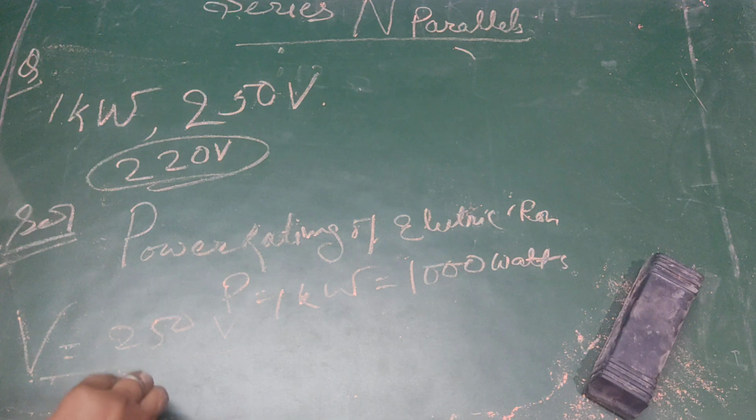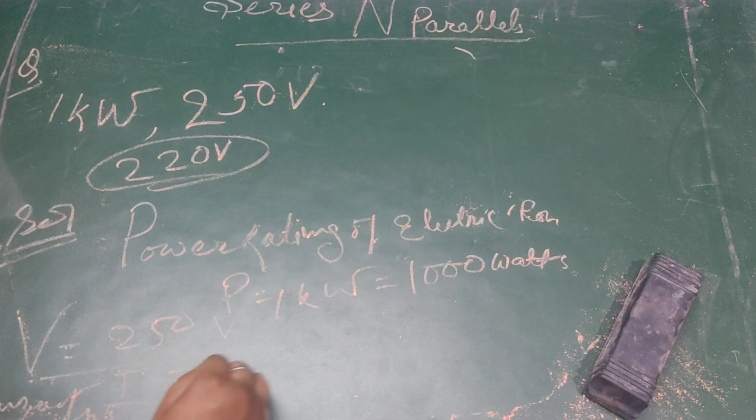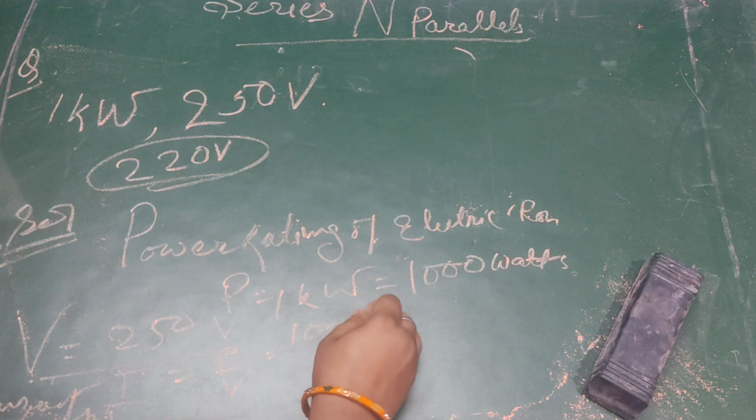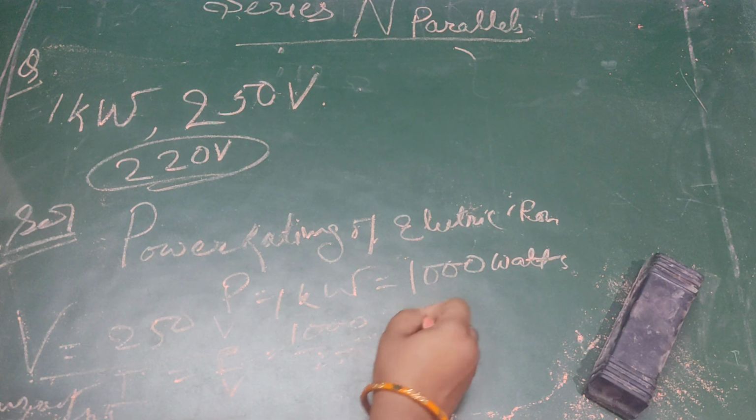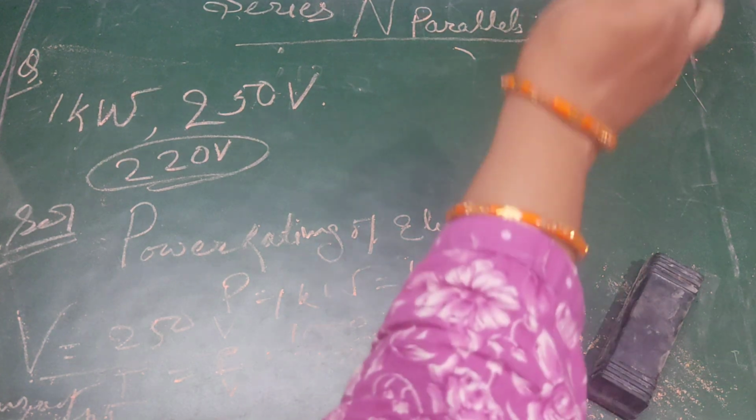I am writing I, it is the current rating. That is I equals P by V, power 1000 watt by 250 volt. It will come 4 ampere.